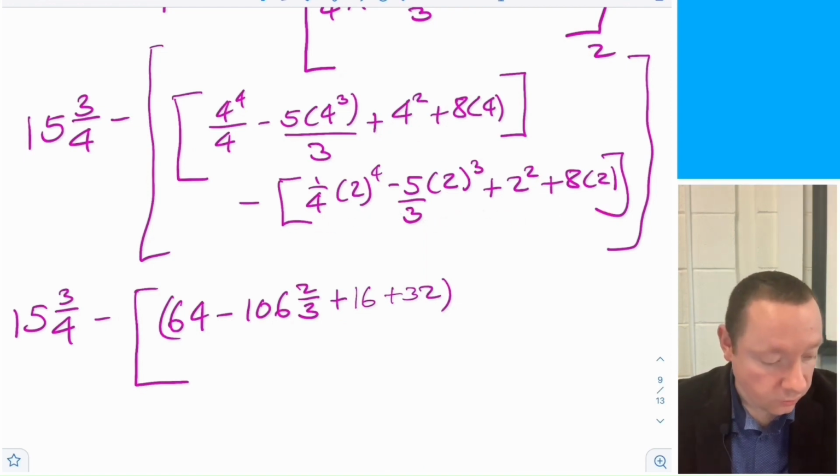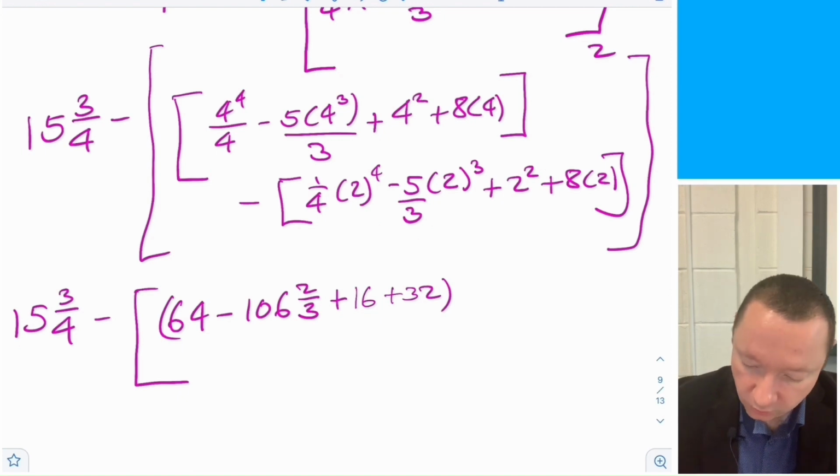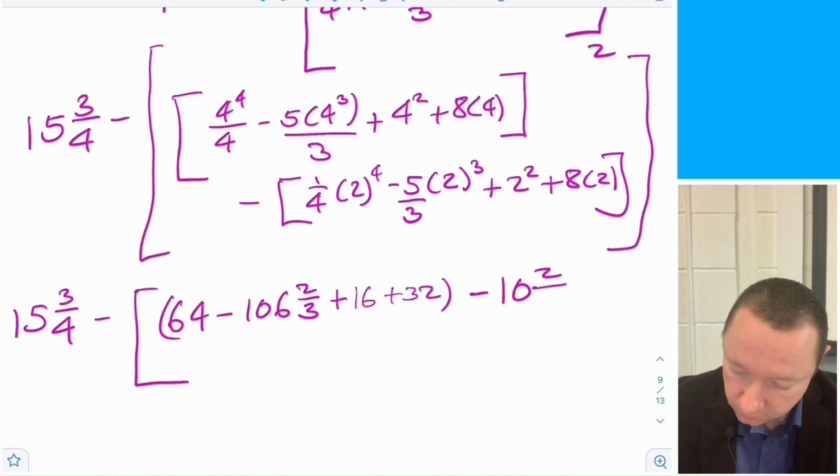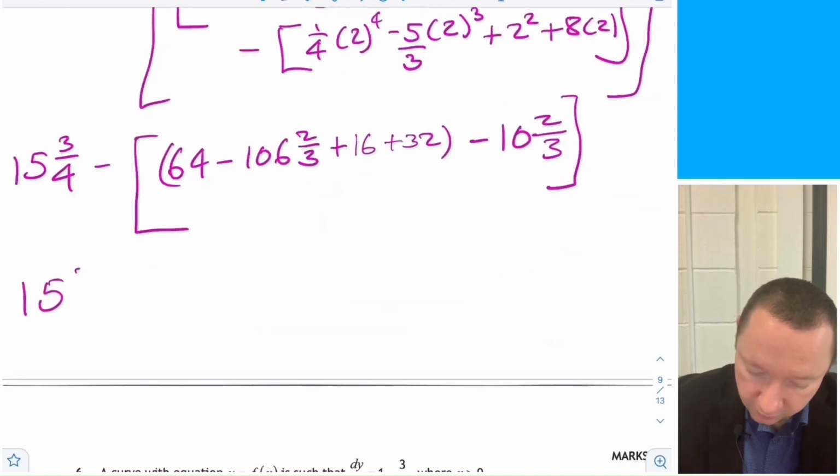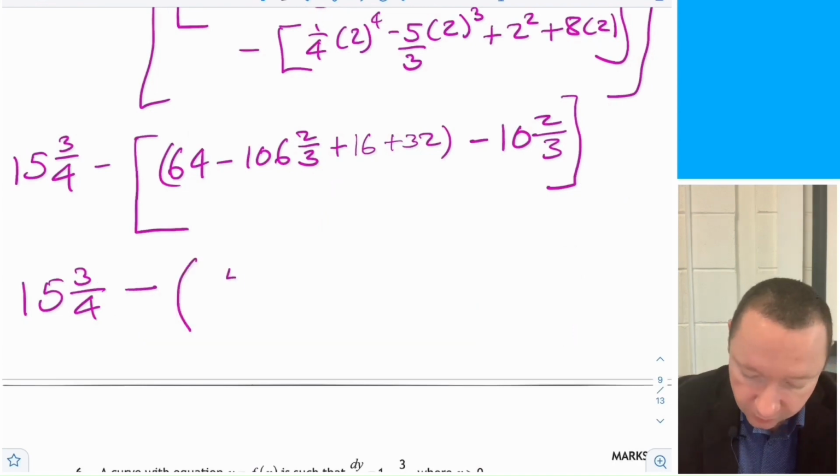That was 10 2/3. So take away 10 2/3. 15 3/4 minus, first part of the bracket gives you 5 1/3 minus 10 2/3.